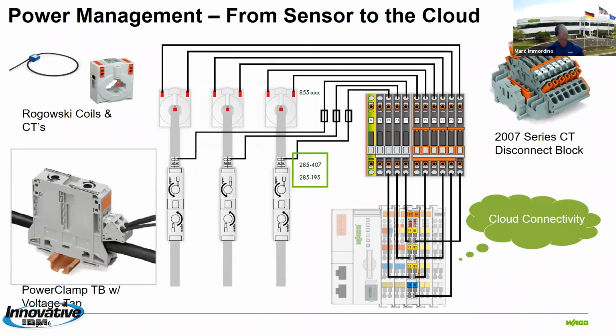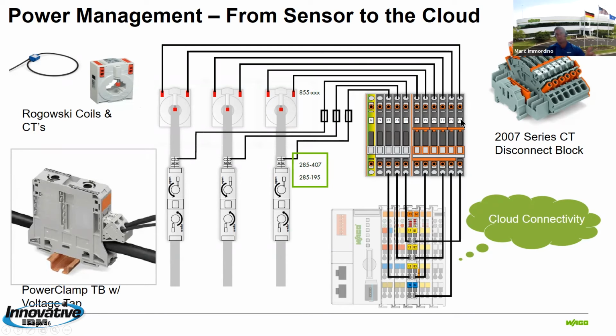Looking at this from an application standpoint, you have here the Rogowski coils or CTs with your main line going through. We have some of our power tap terminal blocks with voltage taps on here. And all of these signals go through various types of terminal blocks. Wago has very specific terminal blocks for CTs, for CT disconnects.